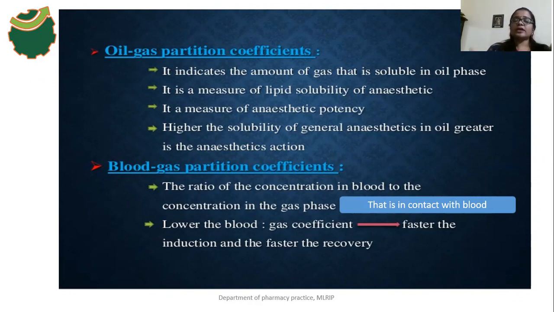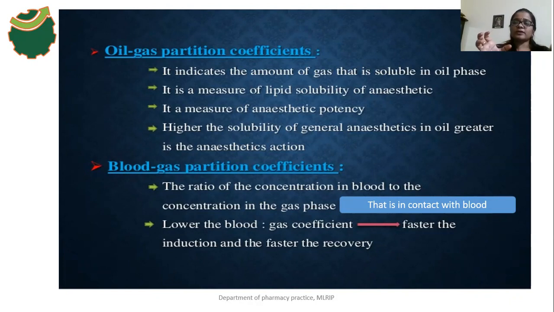If the blood gas coefficient is lower, faster induction occurs and faster recovery occurs. If the inhalation anesthetic has a very high blood gas partition coefficient, there is slow induction and slow recovery, because the drug is more soluble in blood.